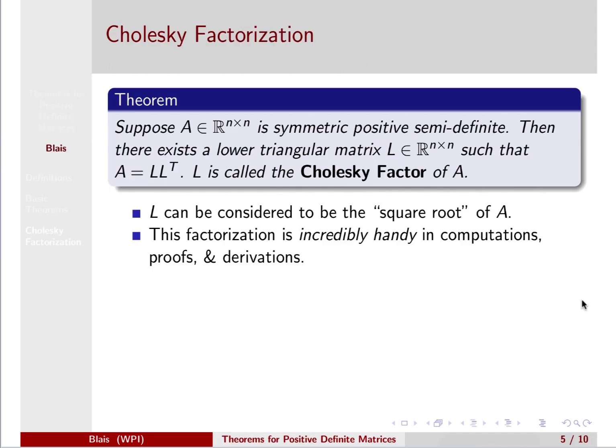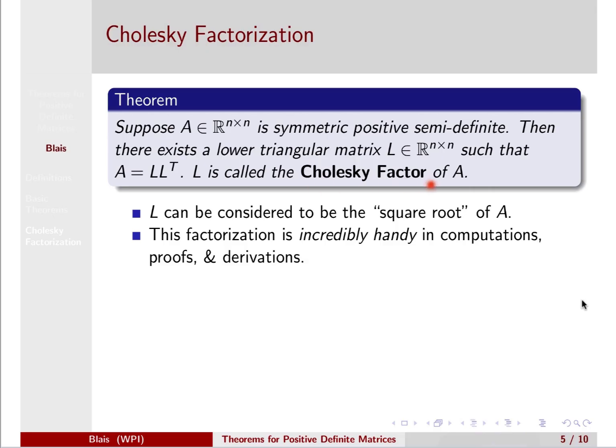One of the nicest properties of symmetric positive semi-definite matrices is the Cholesky factorization. Suppose we have A, symmetric positive semi-definite. Then there exists a lower triangular matrix L in R^(n×n) such that A is equal to L times L transpose.